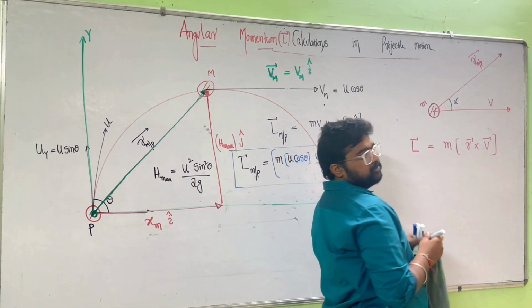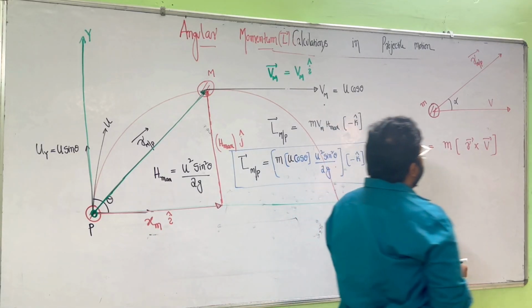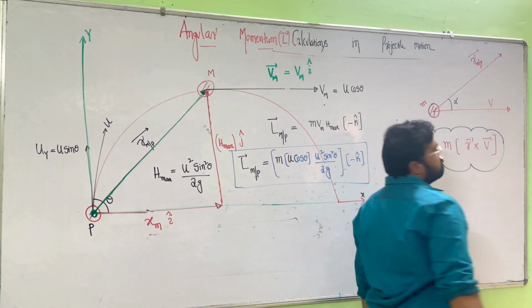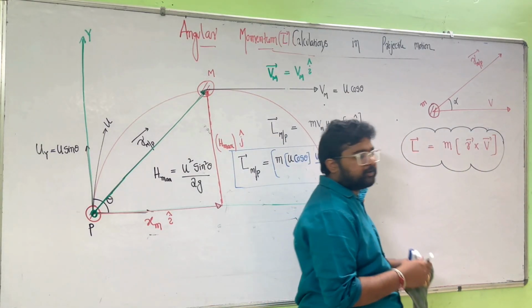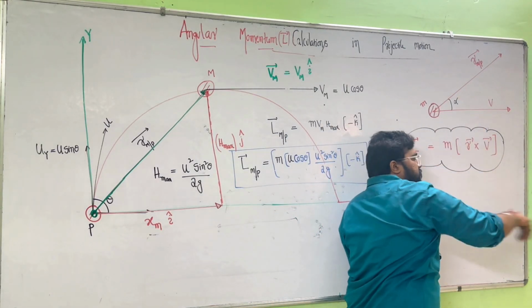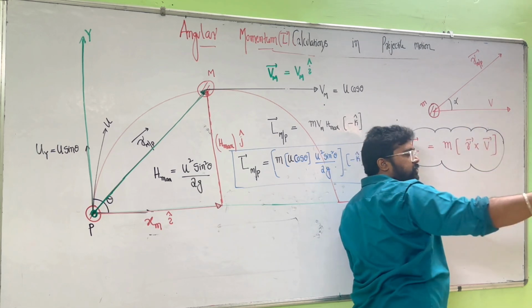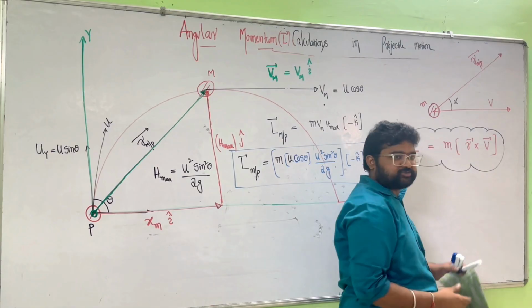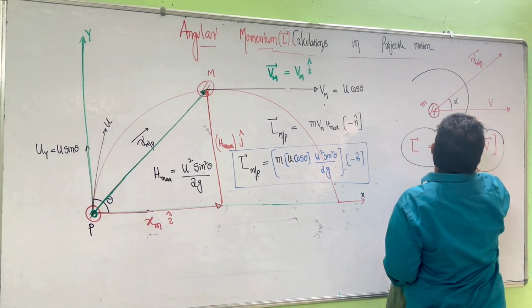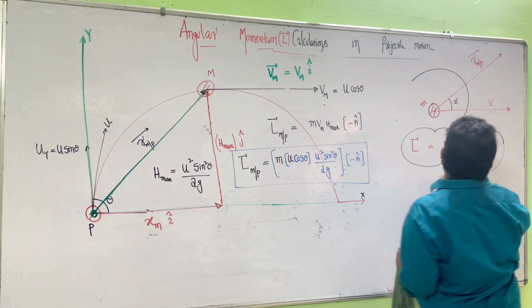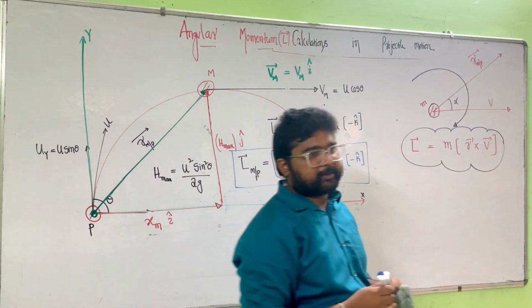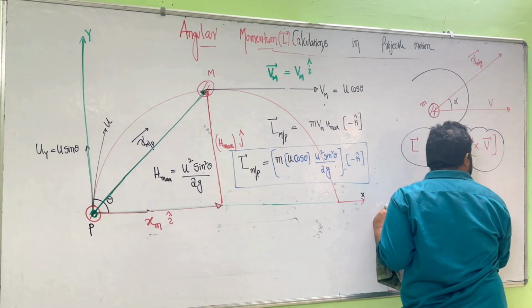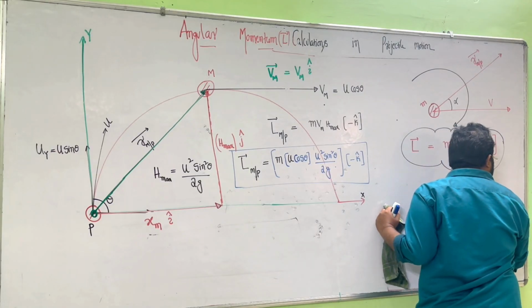R bar cross V bar. Understood? So here first R bar, next V bar. Then what you will get? Angular momentum. Inward or outward? What is the L bar? Tell me. Inward. This is L bar. Clear? Inward, so inward in the sense cross negative z axis.